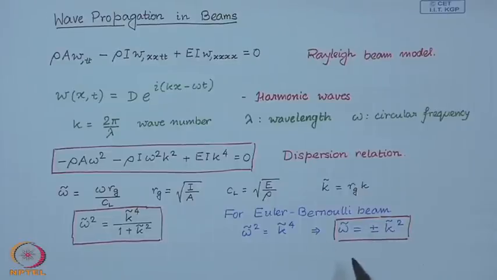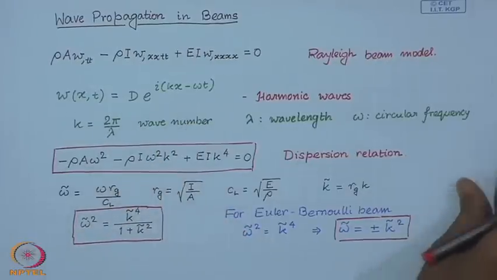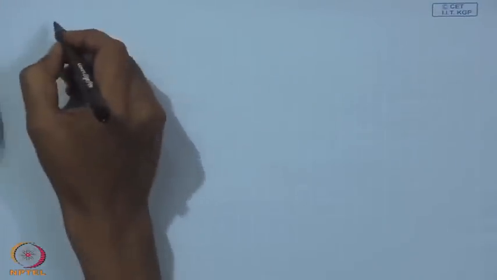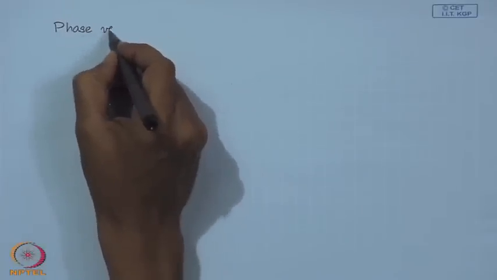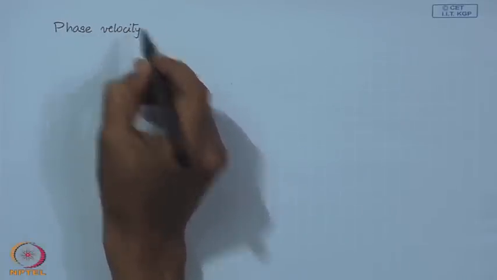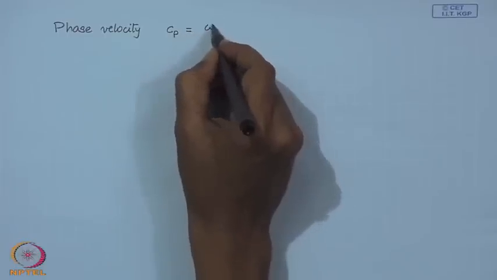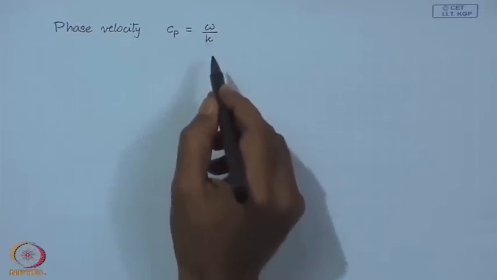Now, we have seen before that the speed of propagation of the harmonic wave, which is known as the phase speed, or phase velocity, is given by omega over k. So, that is the phase speed or phase velocity of a harmonic wave in a medium.